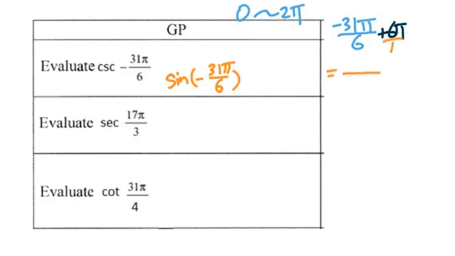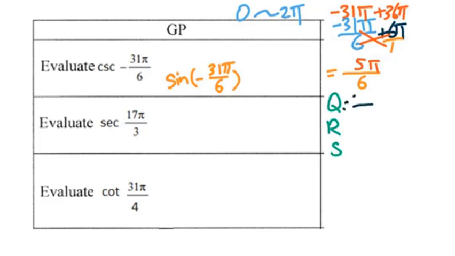Therefore, you have the denominator multiplied, then you cross multiply: negative 31 pi plus 36 pi. So you get 5 pi over 6. For 5 pi over 6, we go to QRS. Still, we go to the second quadrant. The reference angle definitely is pi over 6.